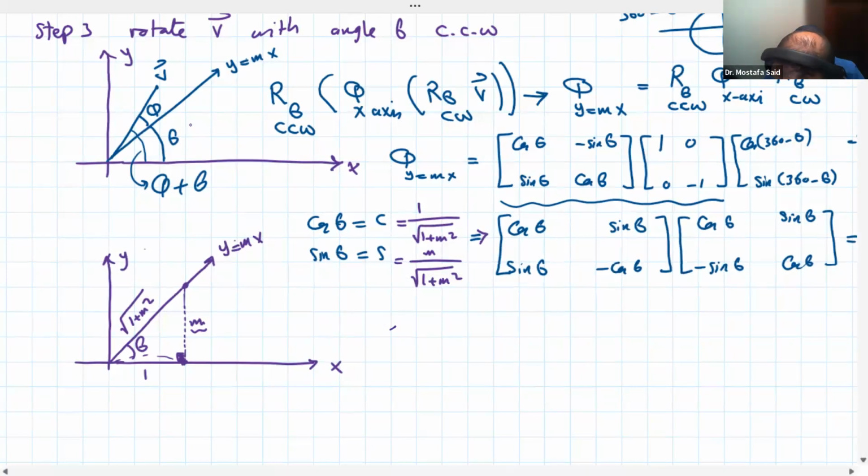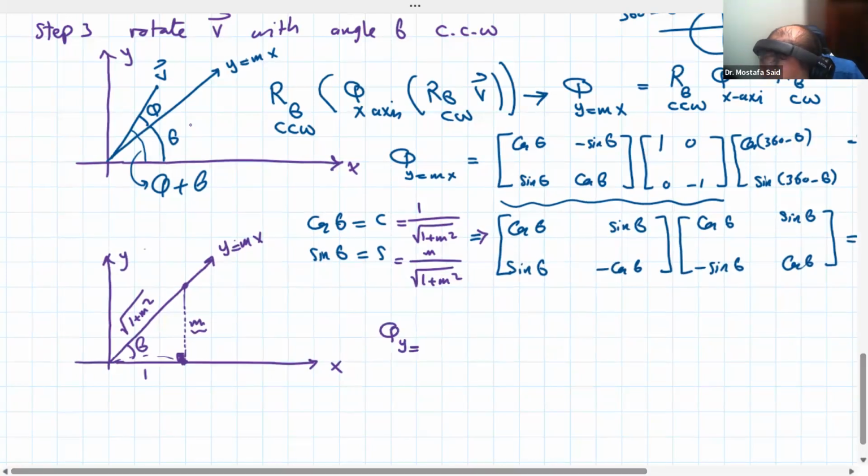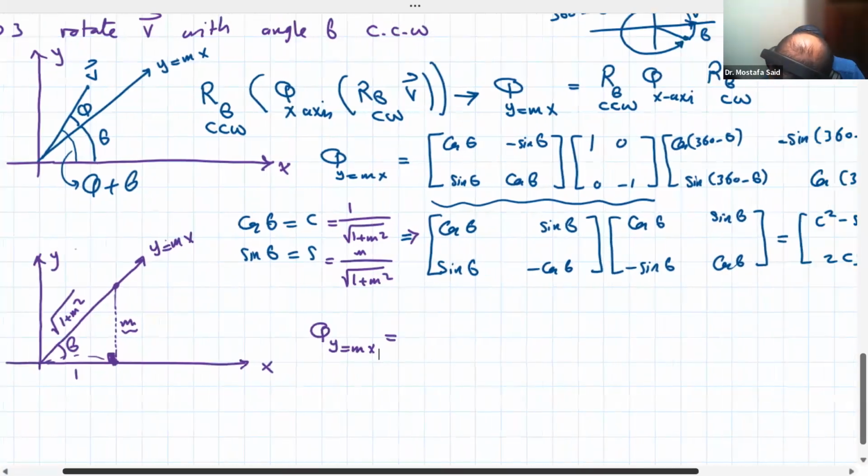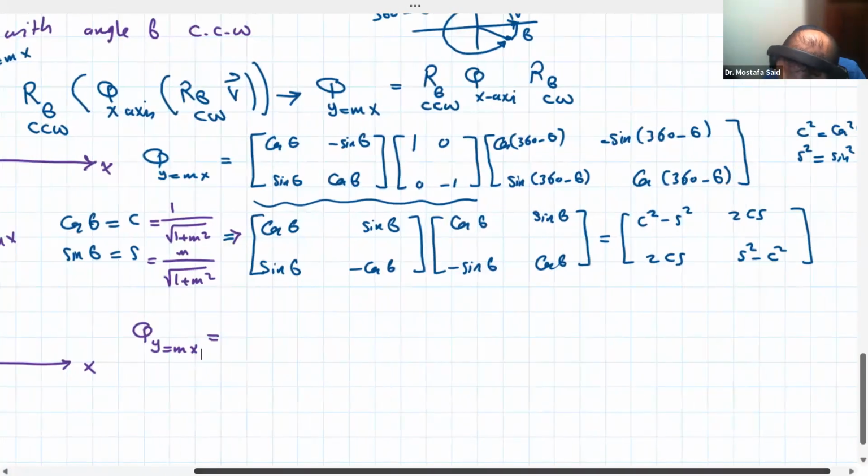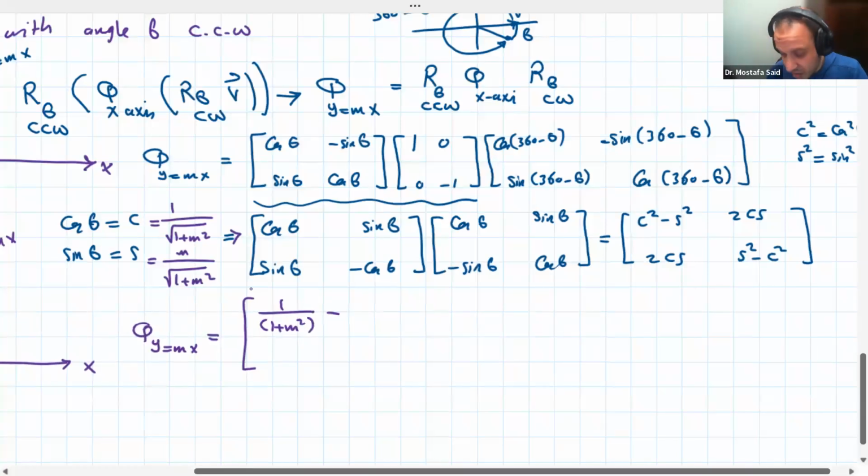So for y equal to mx, let's now substitute here. So C square, let's write it clearly, then we substitute later. C square will be 1 over 1 plus m square, minus, of course, 1 square is 1.